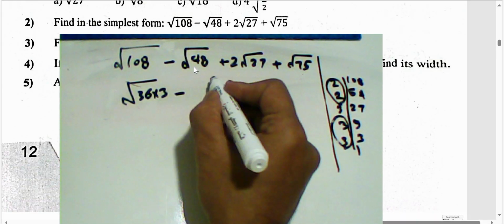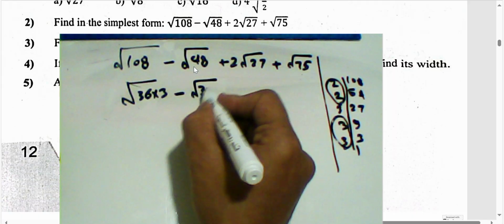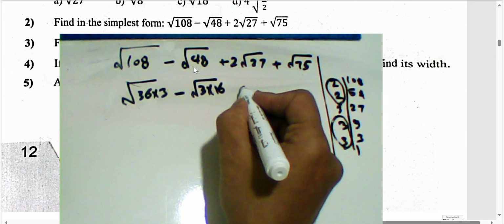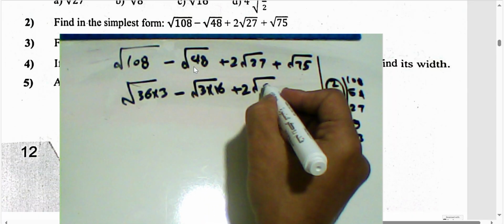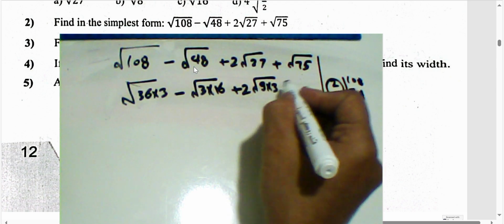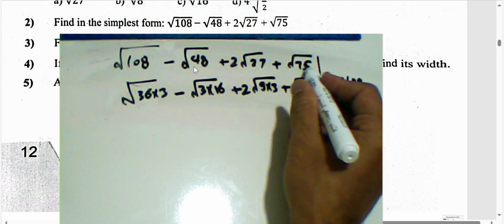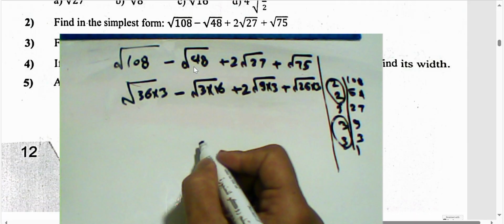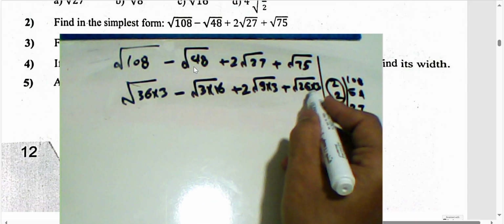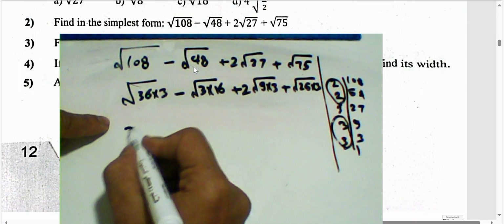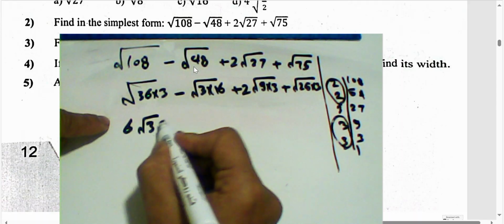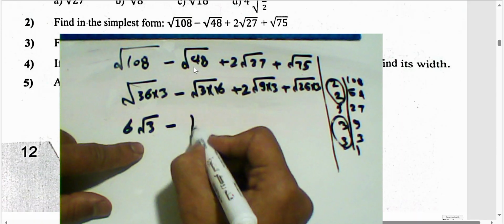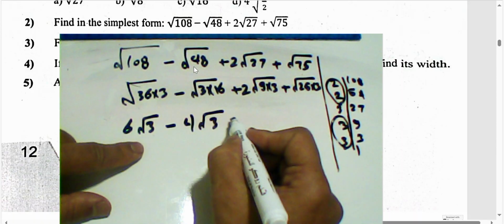Okay, and then square root of 48 equals square root of 3 times 16. Square root of 27, 27 equals 9 times 3. And square root of 75 equals 25 product by 3. Square root of 36 equals 6, so 6 square root of 3. Subtract square root of 16, 4 square root of 3.